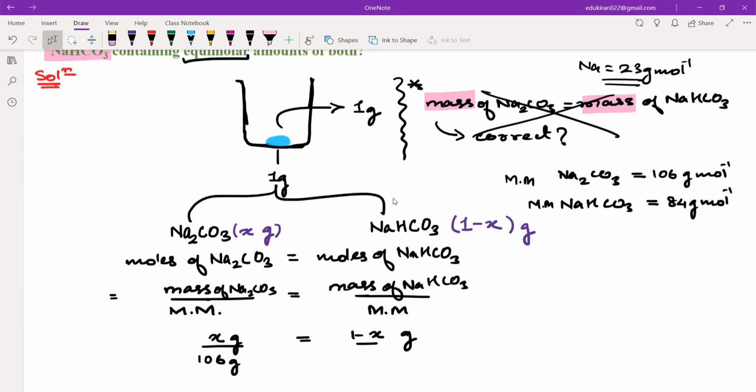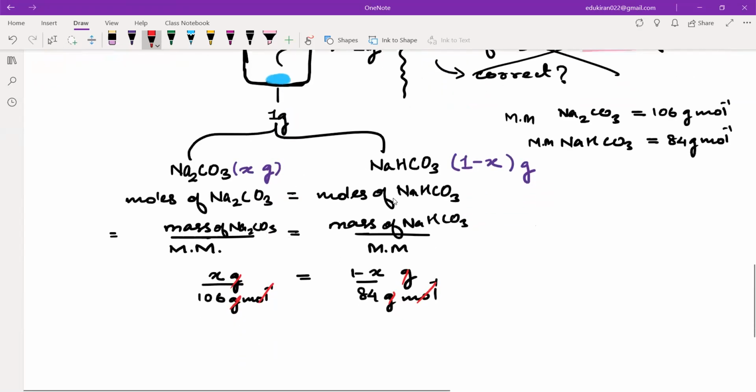So when I substitute the values here, x divided by 106 grams per mole will be equal to 1 minus x grams divided by 84 grams per mole. Eventually everything will get cancelled: grams and grams, mole inverse and mole inverse.